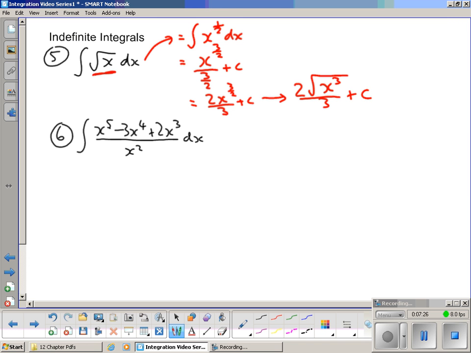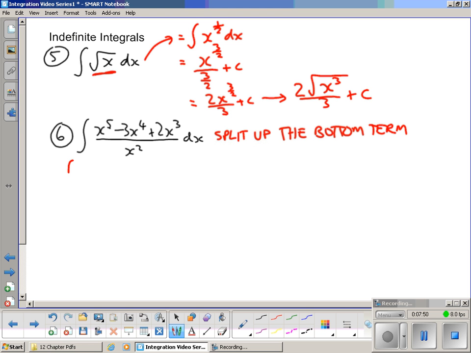Okay, question 6, let's have a look. Now this one needs a fair bit of rearranging here. What we need to do is split up the bottom term. The bottom term can distribute and be dividing into each of the other terms.